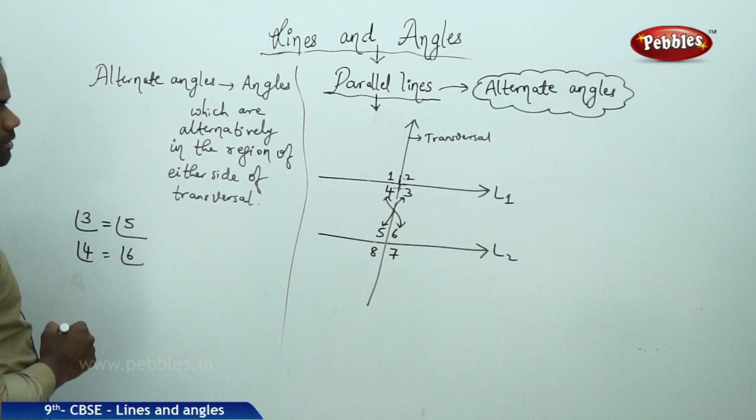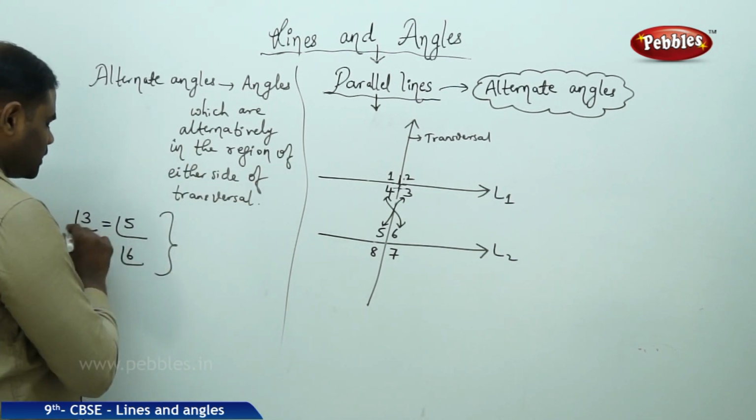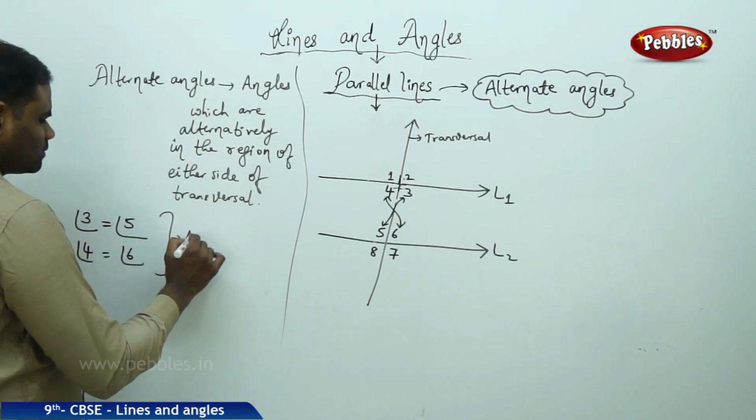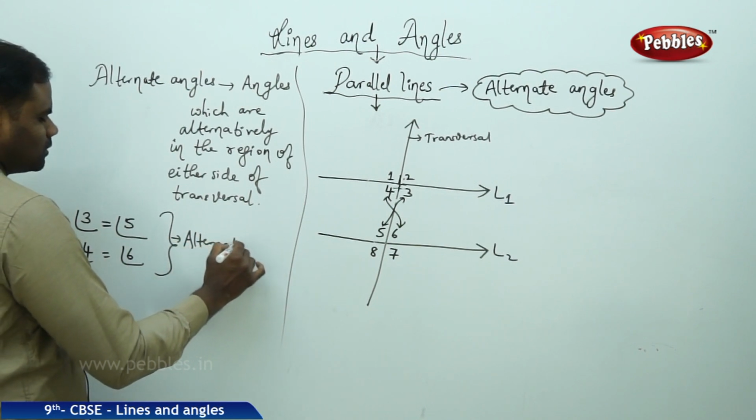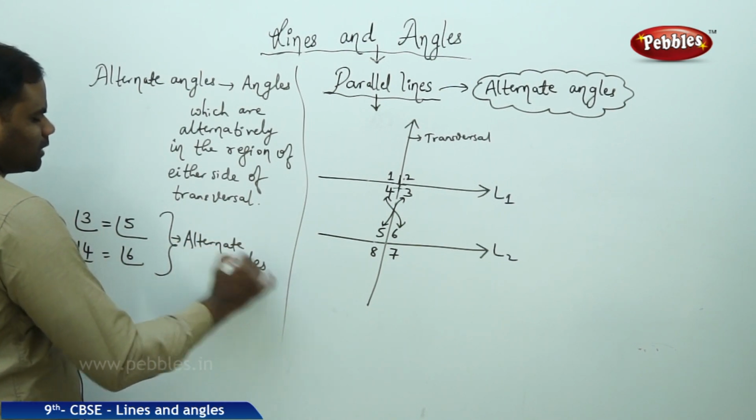angle 4 is equal to angle 6, and these four angles are called alternate angles.